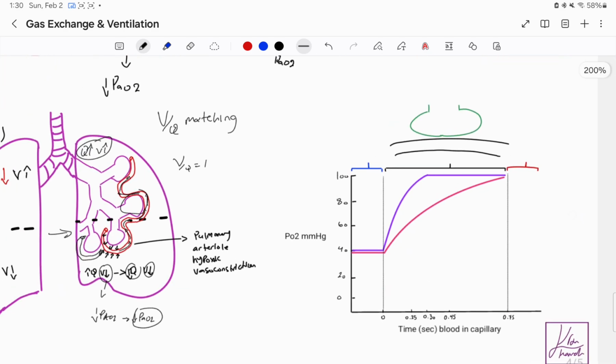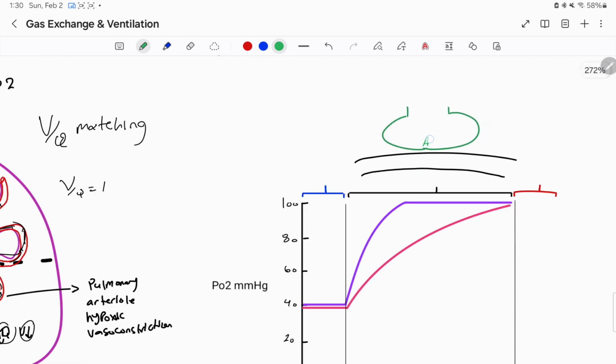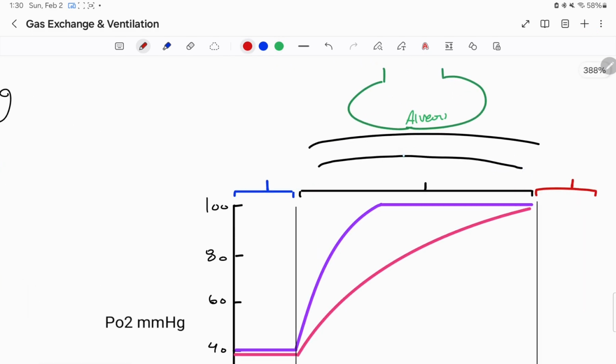Now let's talk about this very cool concept, very awesome concept. Here's going to be the alveoli, and here is going to be the capillary. This is the capillary with a red blood cell moving all the way through it, because you guys know the red blood cell is what's carrying that oxygen.